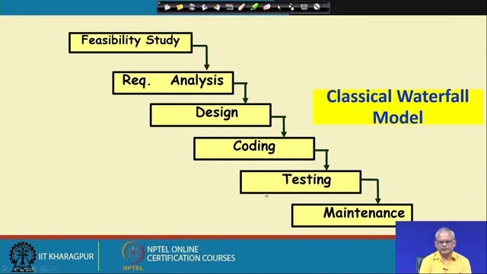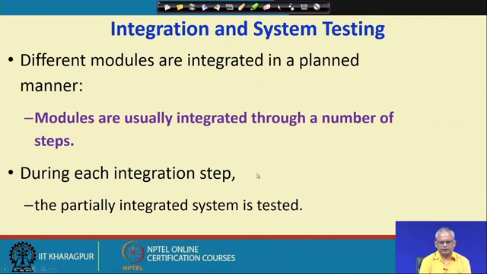The next stage is testing. So, during coding, not only the code is written, but the modules are unit tested. The next stage is testing, where integration and system testing is done. During integration testing, the different modules are integrated in a planned manner.